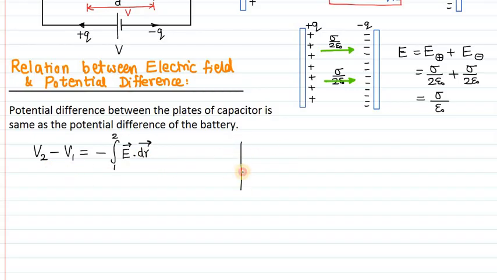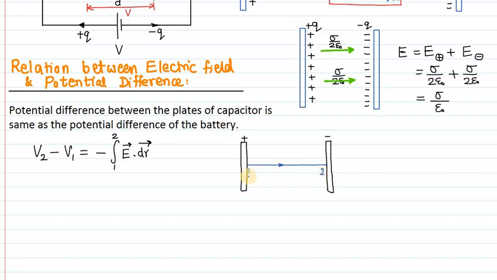So let us say this is the positive plate and this is the negative plate. What we do is construct an imaginary line, and the direction of that imaginary line will be from the point 1 up to the point 2.